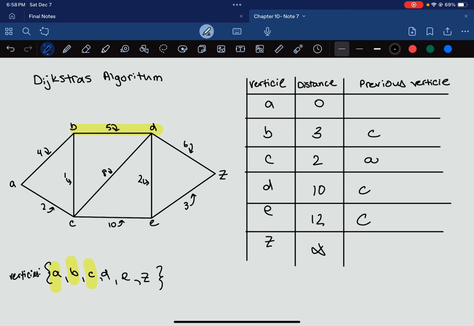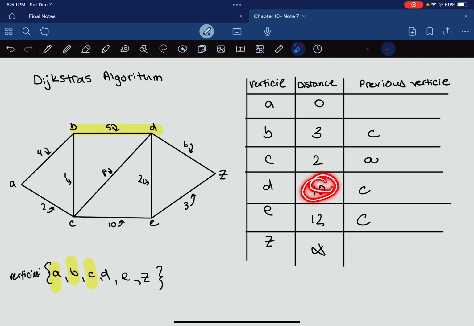Now, from B to D, that's 5 units, right? But remember, it came from C. So we're going from here to here, and then here to here, and here to here. All those numbers added up would be 3 plus 5, and 3 plus 5 is 8.